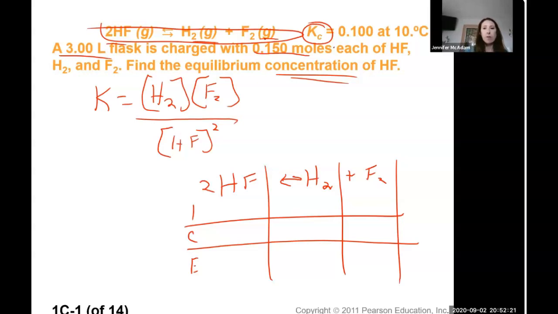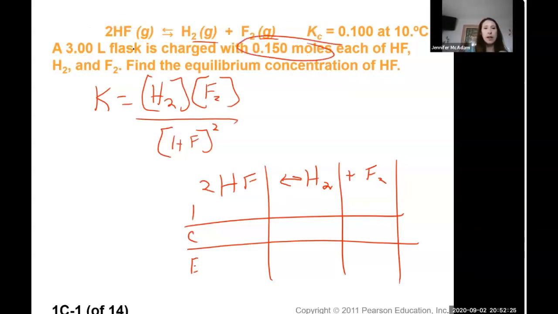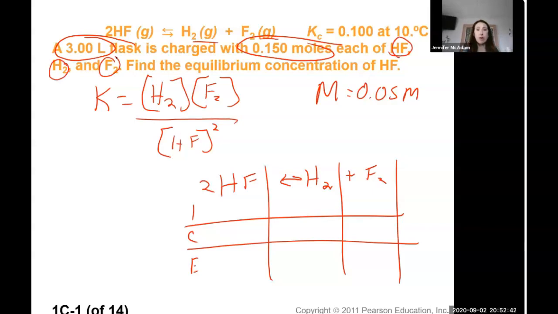We have moles and we have liters, so we need to find it. And I got home, so I could actually use my calculator. Divided by 3. So our molarity is 0.05 molar, right? And it's HF, H2, and F2. So we have 0.05 molar of all of them, right?